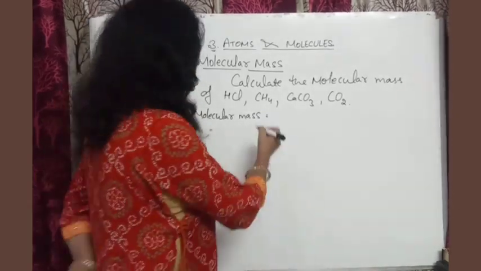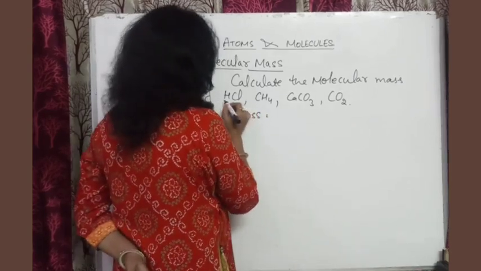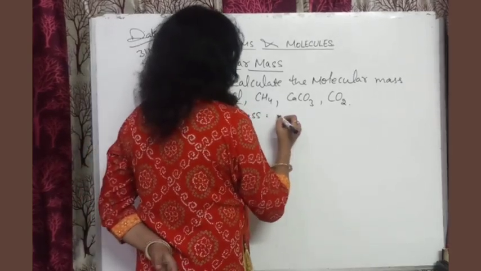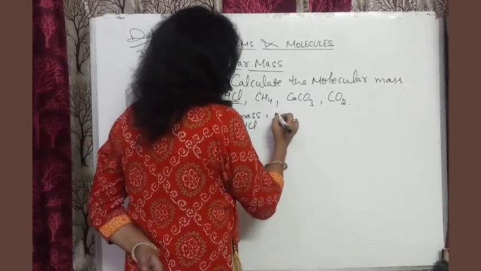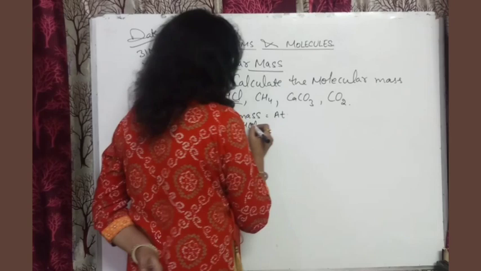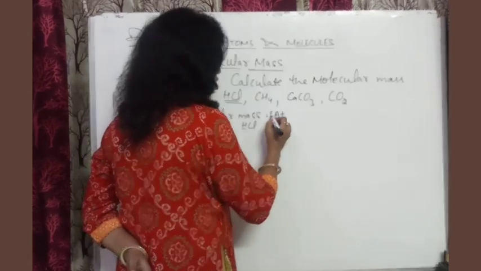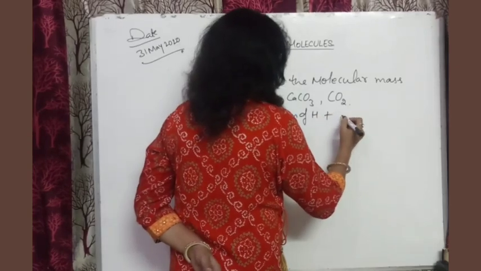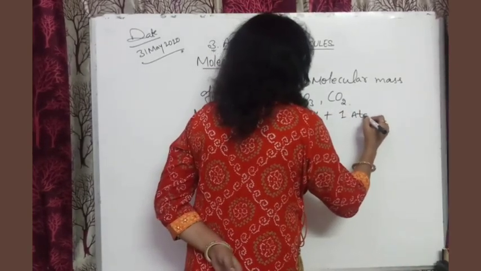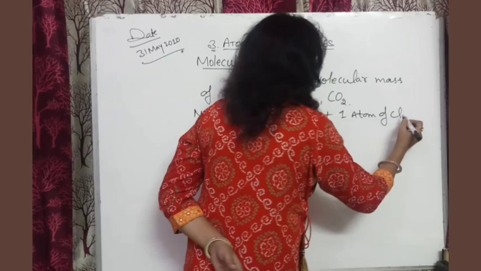So we will just take HCl. How many atoms are here? One atom of H plus one atom of Cl, chlorine.